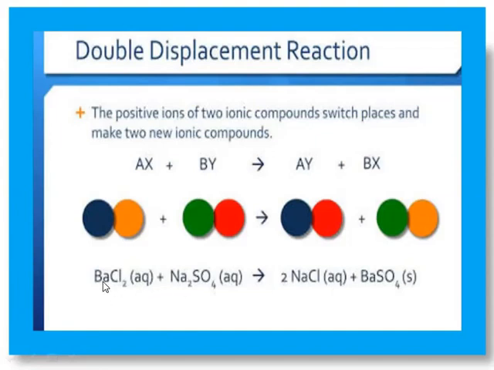Barium, removed from the aqueous solution of barium chloride, is attracted by the anion sulfate ion and combines to form barium sulfate in the solid state.